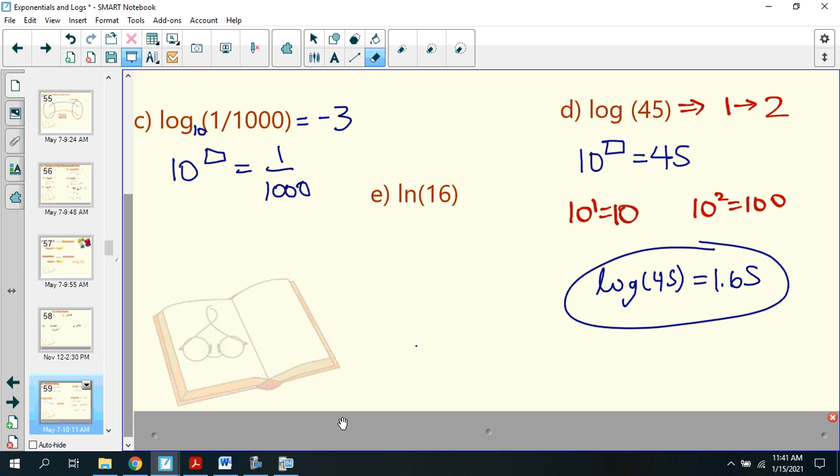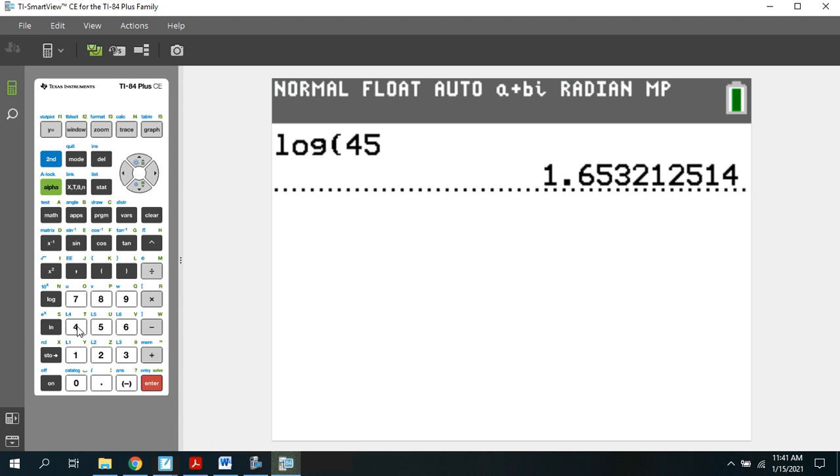And then ln of 16, that would be asking yourself, e to what power is 16? And e is a really strange number. It's like 2.717, and it just keeps going. So it's not an easy way to calculate this in your head. So I'm just going to go ahead and bring up my calculator and type in ln of 16. ln is to the left of the 4.